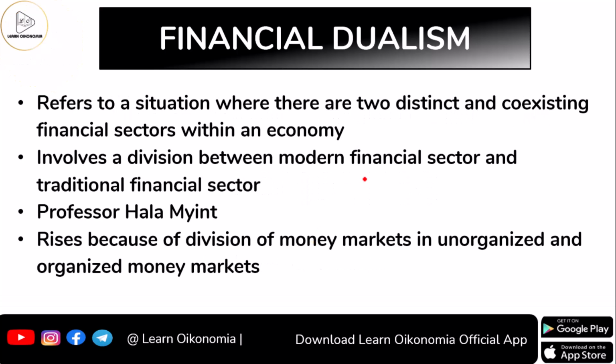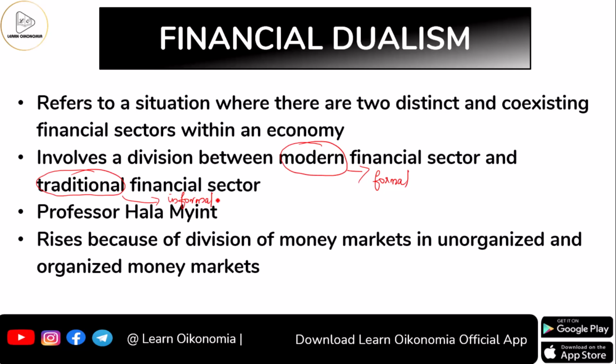Moving on to the idea of financial dualism, we are referring to a situation where there are two different and coexisting financial sectors within a single economy. So the entire financial sector is actually divided into two subsectors, where we have a modern financial sector and a traditional financial sector. The modern financial sector would be a bit formal, and the traditional financial sector would be informal.